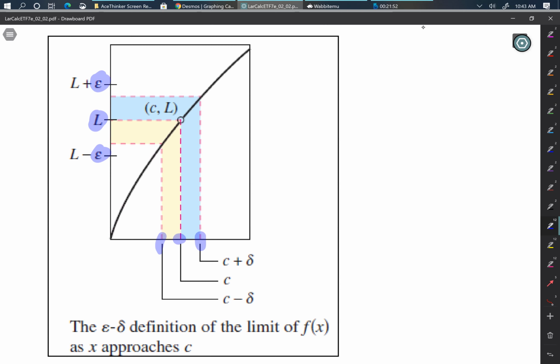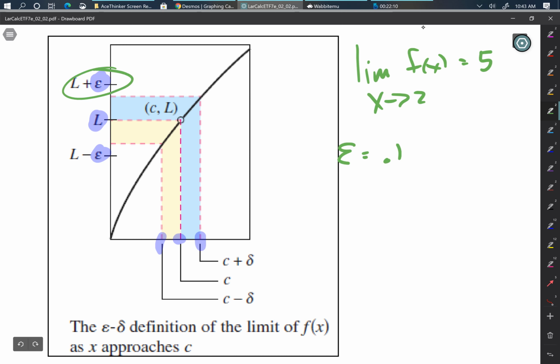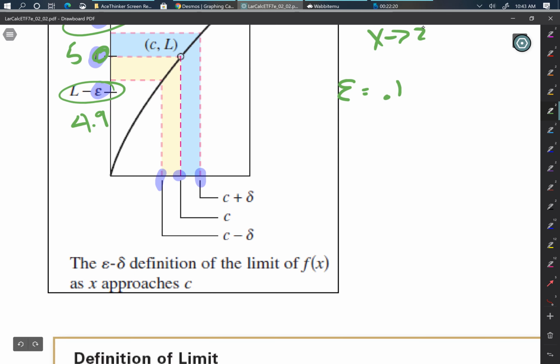So if I told you that the limit of some function f of x as x approaches 2 is 5, then what you could say is, okay, make that epsilon be 0.1. So then this number up here would be 5.1. This number down here would be 4.9. And this number right here would be 5. Right? This number would be 2.